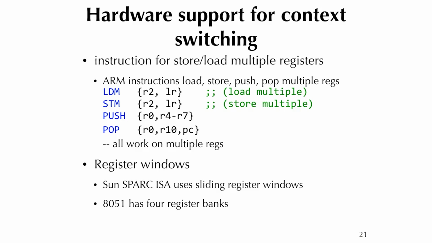Now, in addition, there are also register windows. The SPARC architecture from Berkeley, the original RISC from Berkeley, heavily influenced the Sun SPARC architecture. That has register windows and sliding windows, mainly for procedure calls, but for saving registers and context switch, that also is helpful.